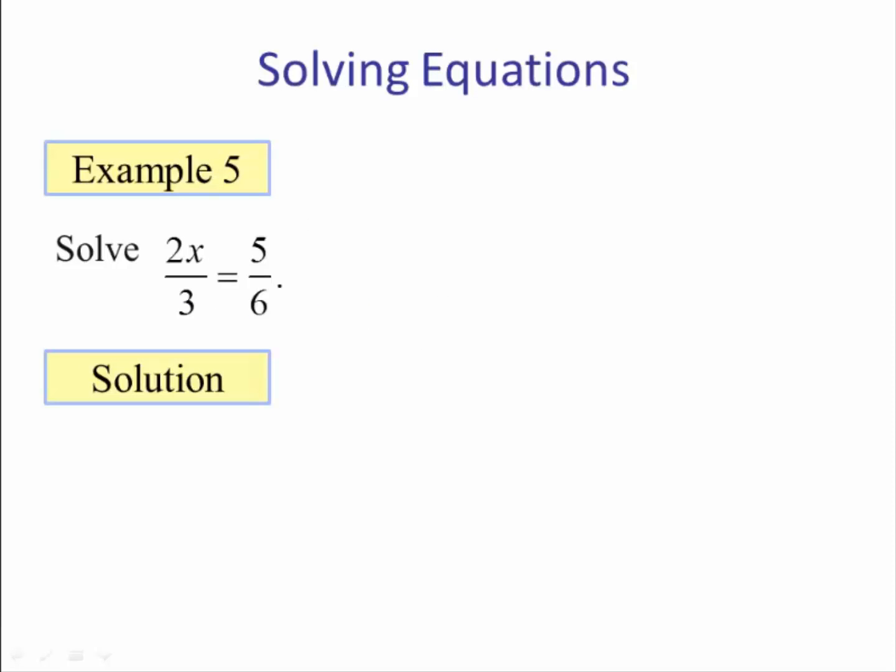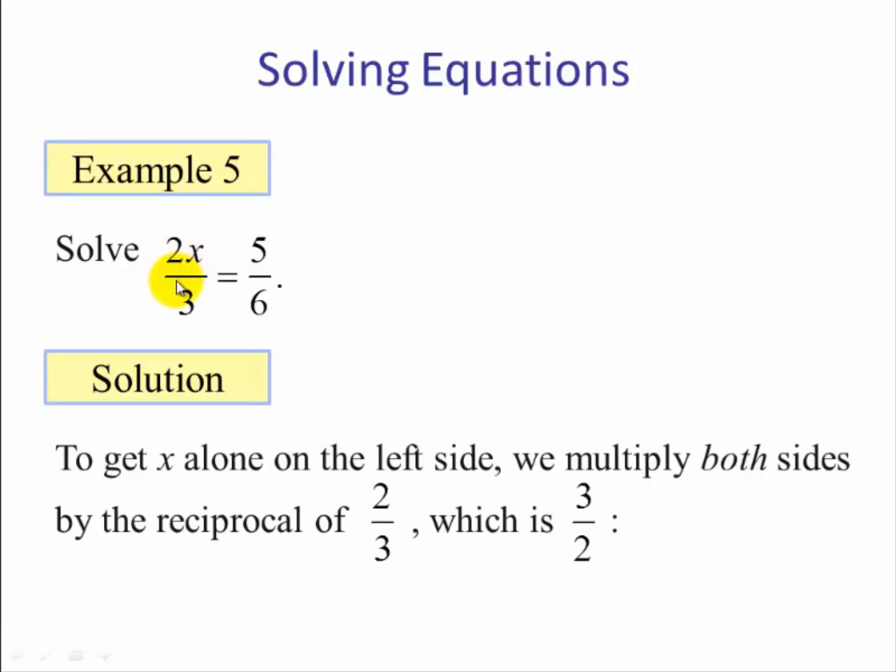Example number 5, we have 2x divided by 3 equals 5/6. We need to get rid of the 2, we need to get rid of the 3. So we can think of 2x divided by 3 as the same thing as 2/3 times x. So one way of eliminating 2/3 is to multiply by the reciprocal, 3 over 2.